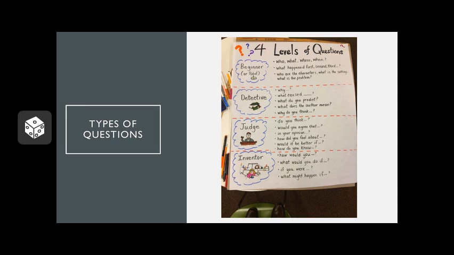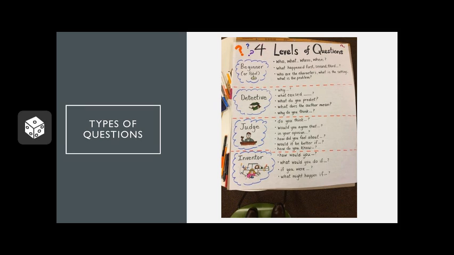We ask more questions like why and what caused this. We can make some predictions. We can ask ourselves what the author means when they write something. And we can say, why do you think something happened, or why do you think the author included this fact? If we go one level up to the third level, we're going to see these judge questions.